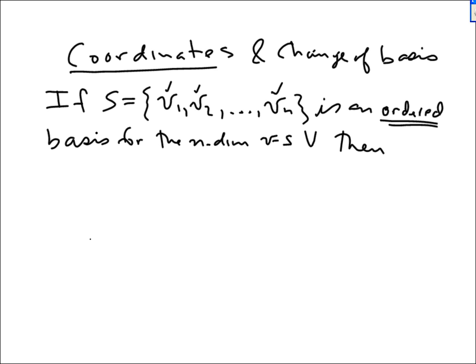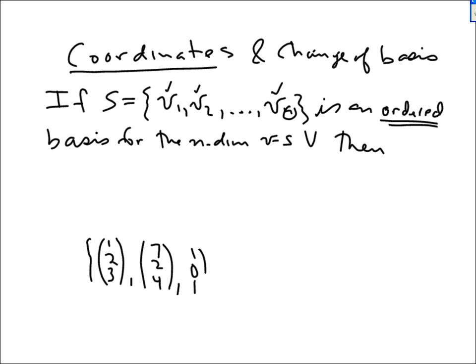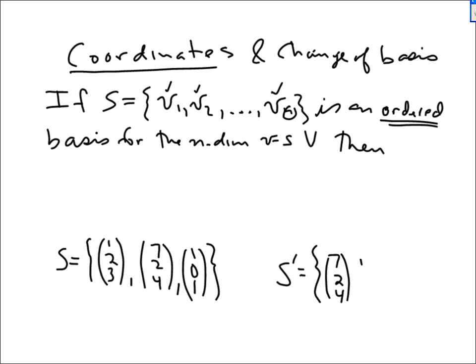In other words, suppose n for a moment is just 3. If we have the vectors 1, 2, 3, 7, 2, 4, and 1, 0, 1, and this is S. And S prime has the same 3 vectors, but not in the same order: 7, 2, 4, 1, 2, 3, 1, 0, 1.